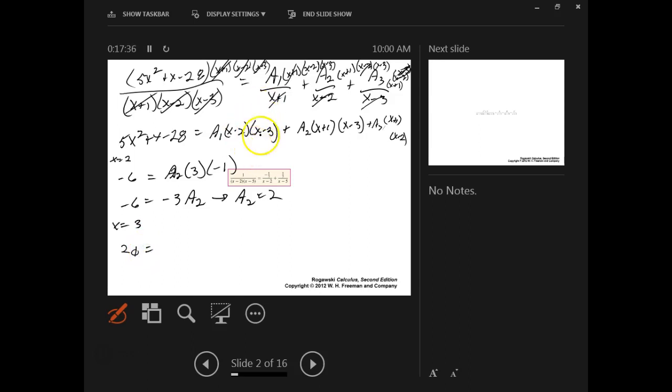And at x equals 3, that one goes to 0, right? This one goes to 0, and you're left with a3 times 3 plus 1 is 4, okay. And 3 minus 2 is 1. All right, doing hard math this morning. So this is equal to 4a3. Well, guess what a3 is going to be then?